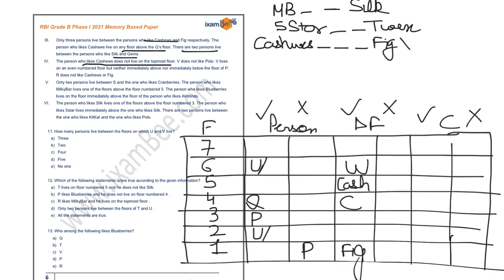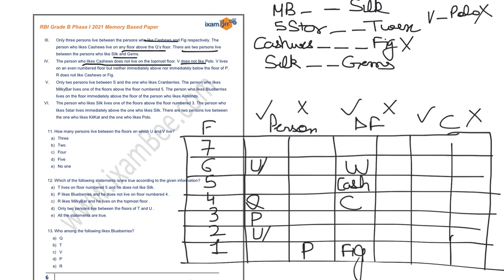So this is done, so I'm crossing this particular arrangement, right? So you can slightly make a hint over here that there is a gap of 2 persons between the person who likes silk and gems. Now V does not like polo, so you can write V does not like polo over here. You can place a cross mark over here.